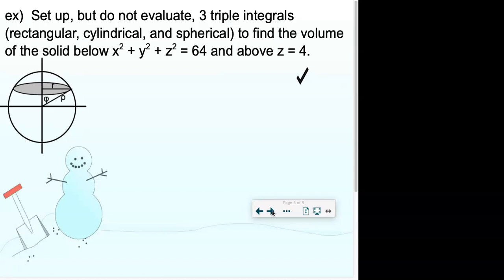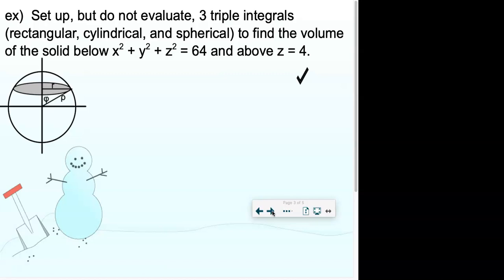We're going to find the volume of the solid below x squared plus y squared plus z squared equals 64, which is this lovely sphere of radius 8, and above the flat plane z equals 4. So what you're really getting is the top of an ice cream cone. z equals 4 is flat.